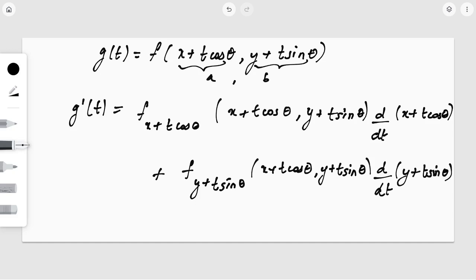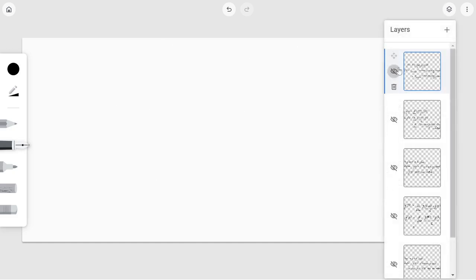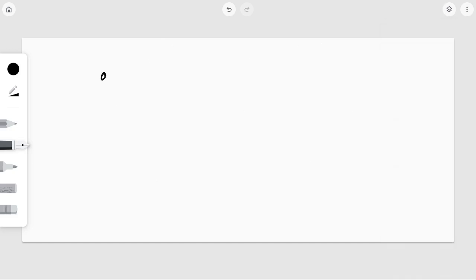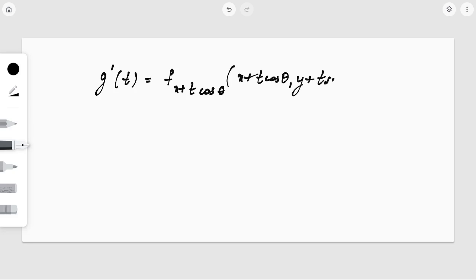Now what will this value be? Let me write it on the page. The value of g dash of t will be the partial derivative of f with respect to x plus t cos theta, at x plus t cos theta comma y plus t sin theta, and then the derivative of this with respect to t. What will it be?